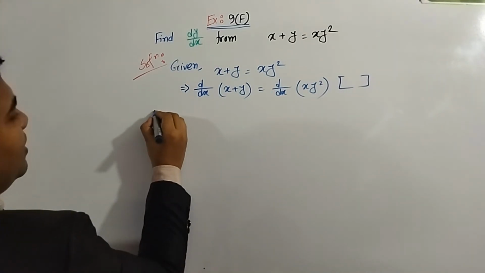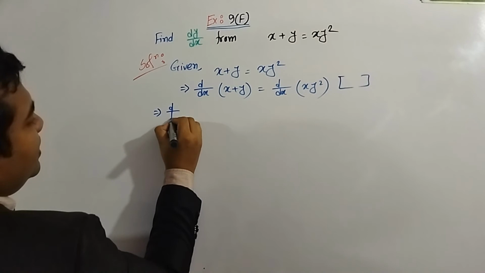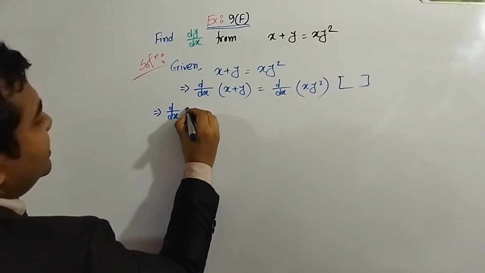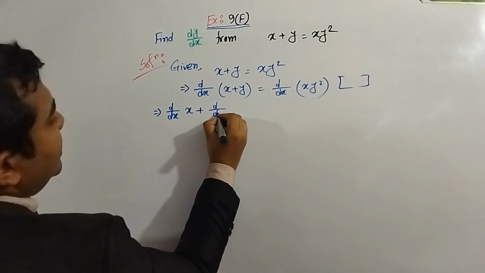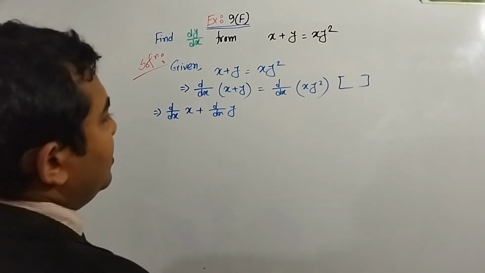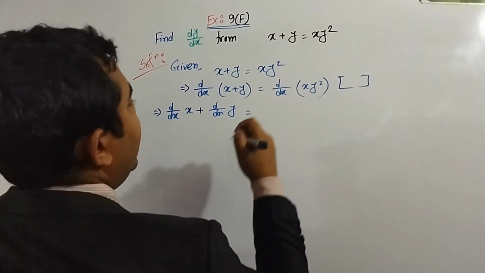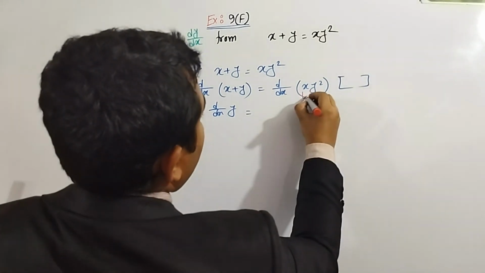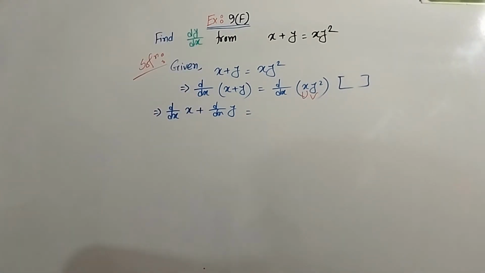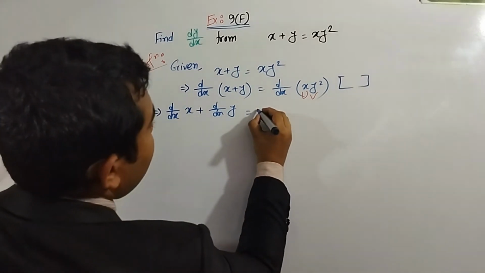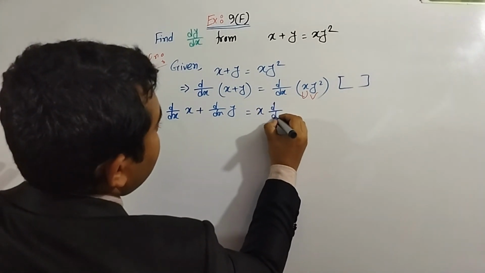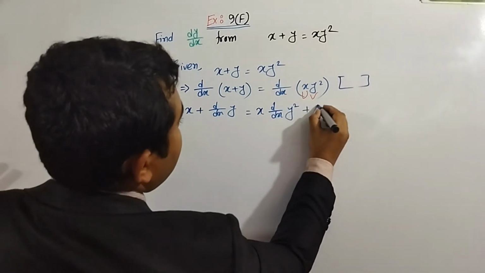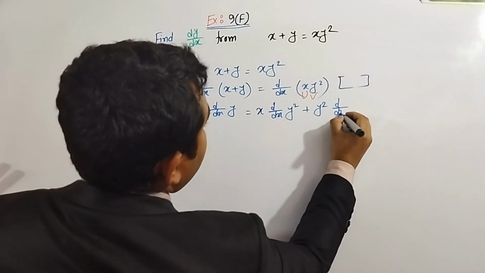Now d/dx of u plus v, that is d/dx of u plus d/dx of v, equal to, here actually not u plus v, rather it should be uv. And what's the formula of it? I think you already know the formula, that is u d/dx of v plus v d/dx of u.